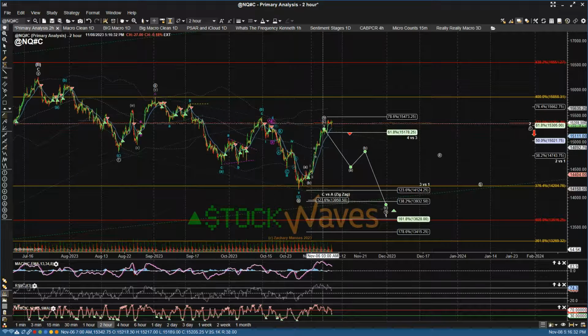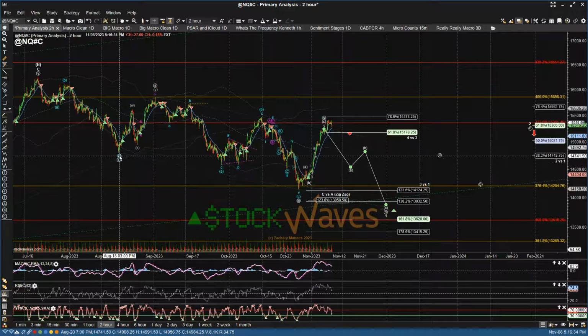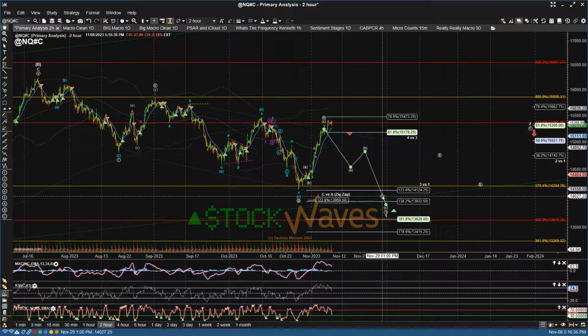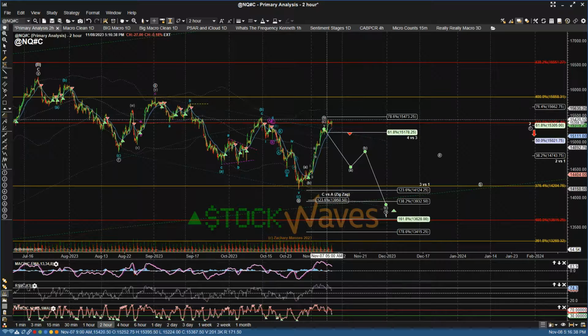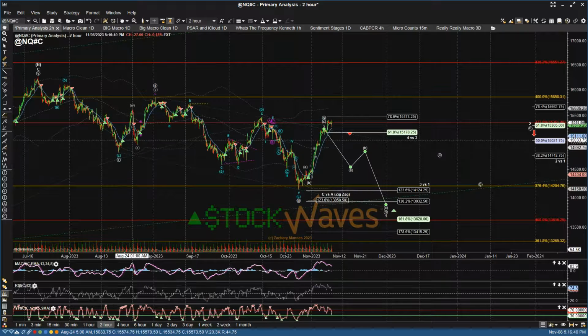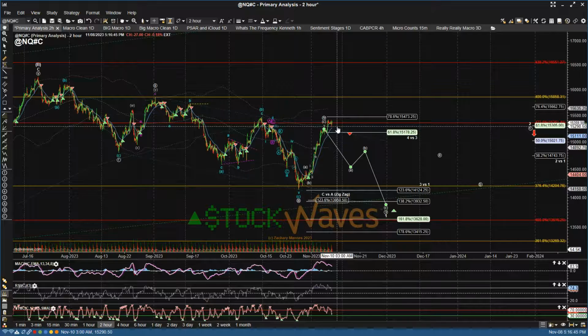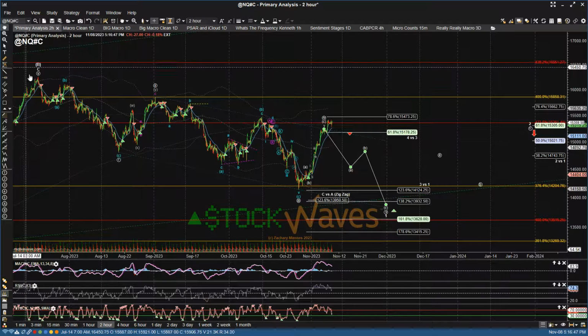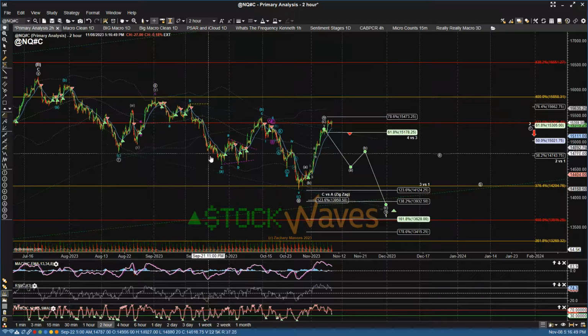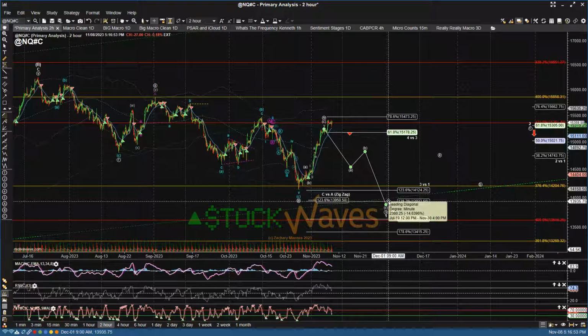One, the fourth wave is allowed to overlap with wave 1, and this is a diagonal pointing to the downside, so the fourth wave is a bounce here. And all of the subwaves, not just wave 2 and wave 4, are ABC moves. So we have an ABC for wave 1, we have an ABC for wave 3, and we expect an ABC for wave 5. So that's a diagonal structure.